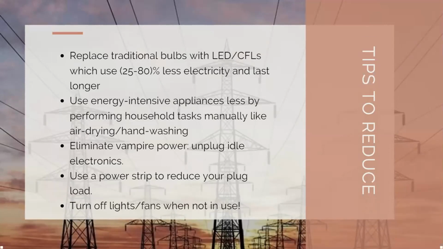Also, in fans, we have new BLDC motors coming up, which are way more efficient than the usual induction motor fans. Similarly, we can use energy-efficient appliances, and it also becomes inherent to us that we start using less electricity and become more vigilant about it.